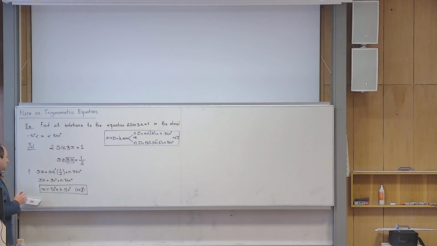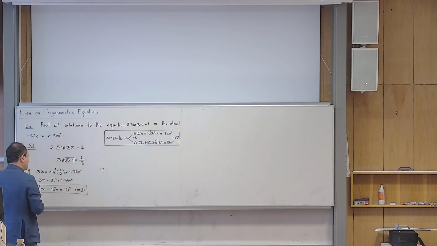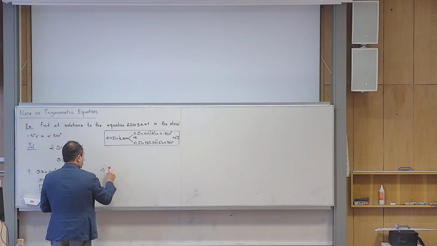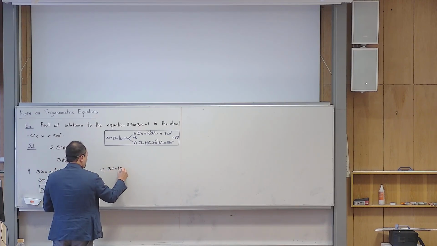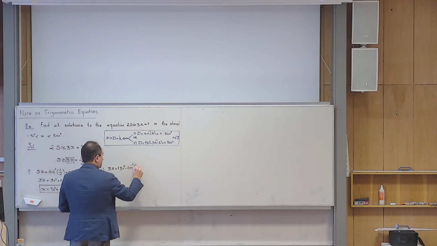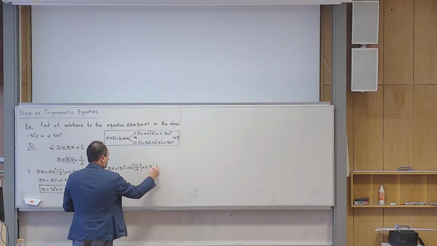Okay, so we can solve the other one as well. So number 2, the second time the box, which is again 3x, is equal to 180 degrees minus sine inverse of 1/2, and then plus n times 360 degrees.